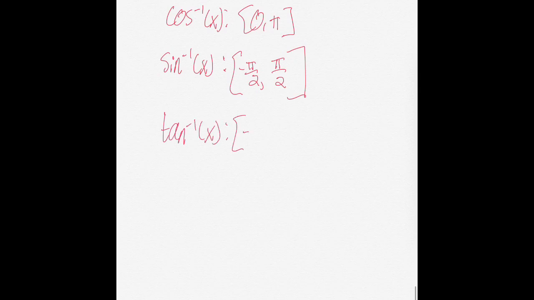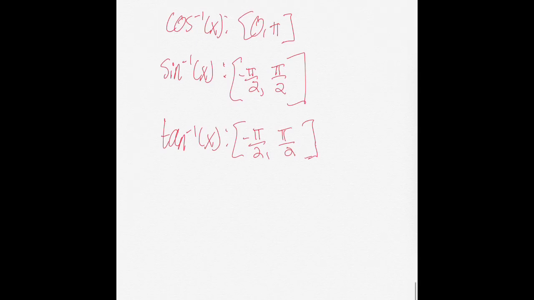That's the basic idea. You don't need to know the details, but that's basically why we have these restrictions. Arctangent lives in the same interval as sine. And for the arcs of secant, cosecant, and cotangent, it's the same interval.